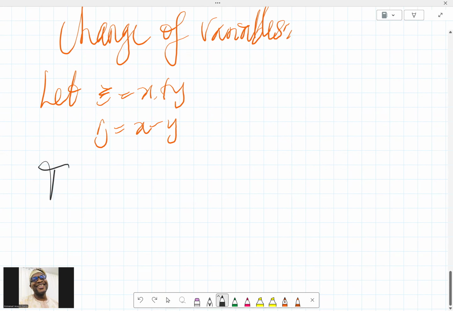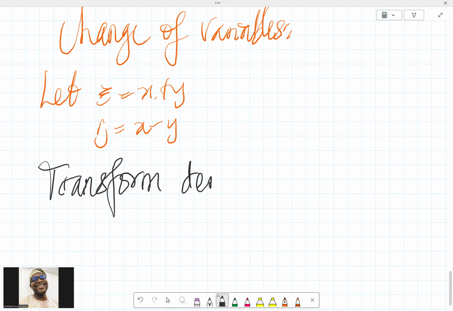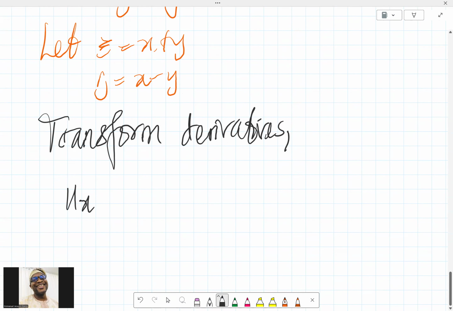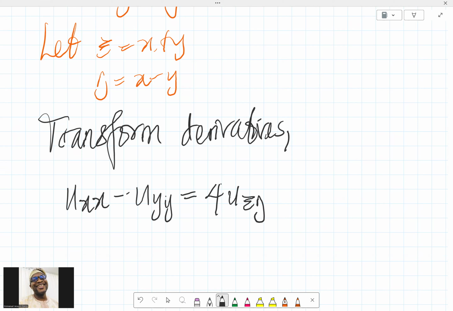So if you transform derivatives, we have u_xx minus u_yy will be equal to 4 u_psi_eta.